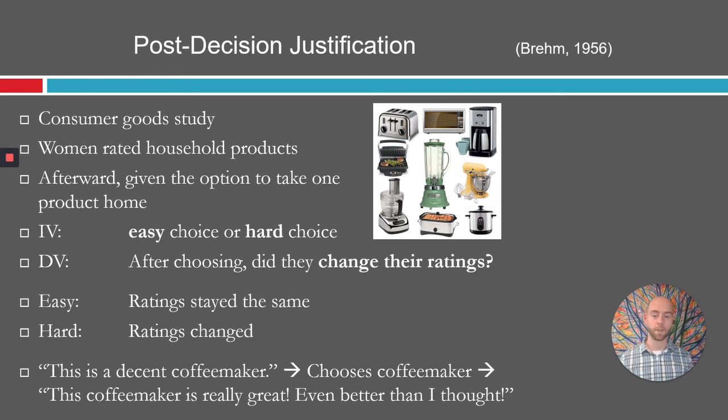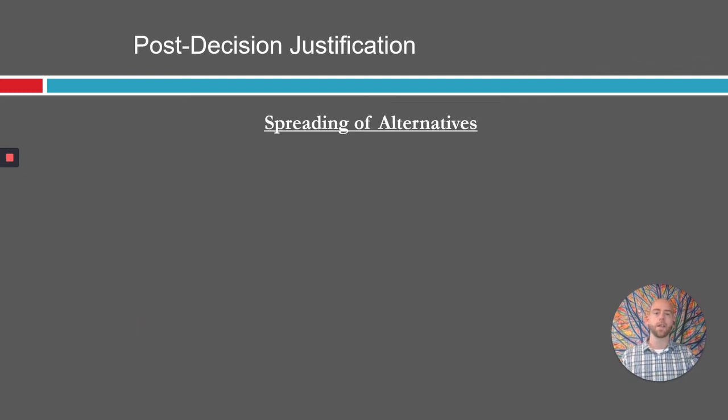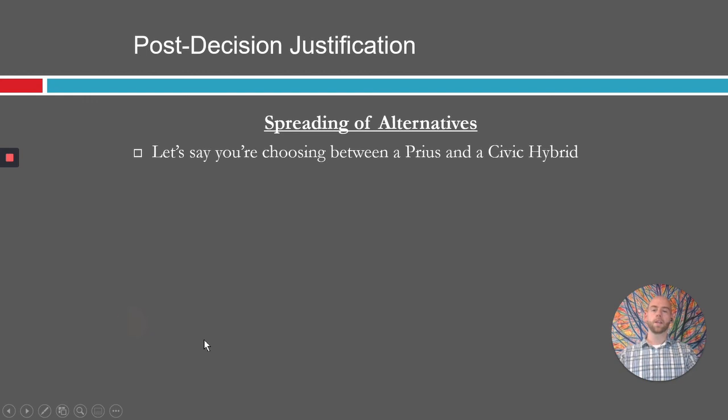You pick the coffee maker and you say, oh man, this is a really great coffee maker. I was right. It's the best coffee maker. I'm so glad I chose it. Screw that blender. It's the worst blender in the world. Even though they don't actually have reasons to think those things, you're doing this thing called spreading of alternatives. You're changing your mind about these things and making them seem further apart in your mind.